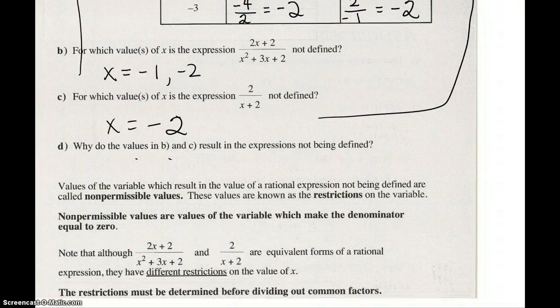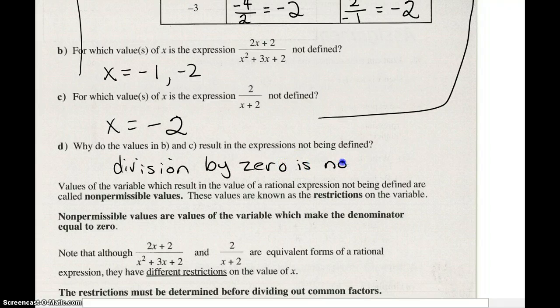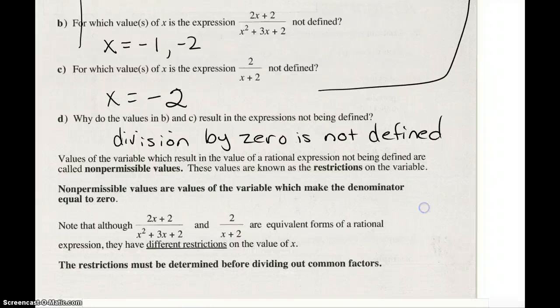Now, finally, why do the values in B and C result in expressions not being defined? We know that division by 0 is not defined. We know that we can't divide by a 0. All right, so values of a variable which result in the value of a rational expression not being defined, we're going to call these non-permissible values.